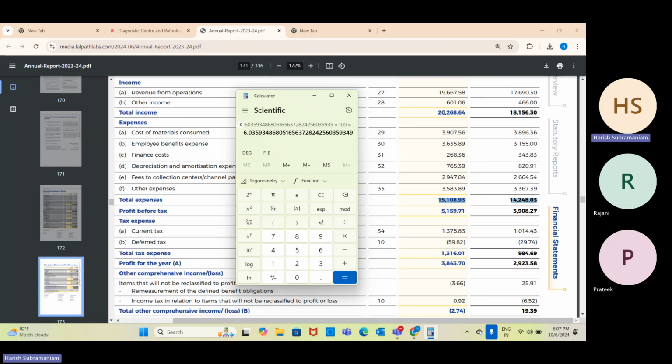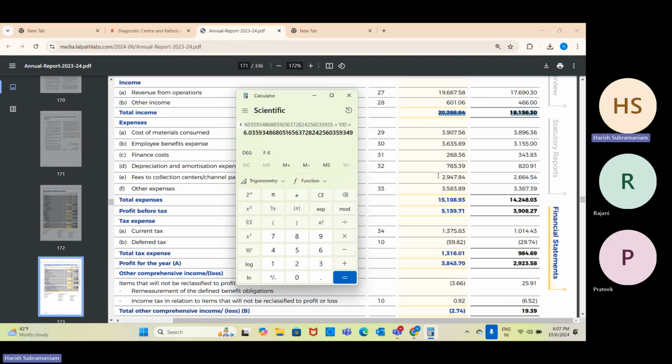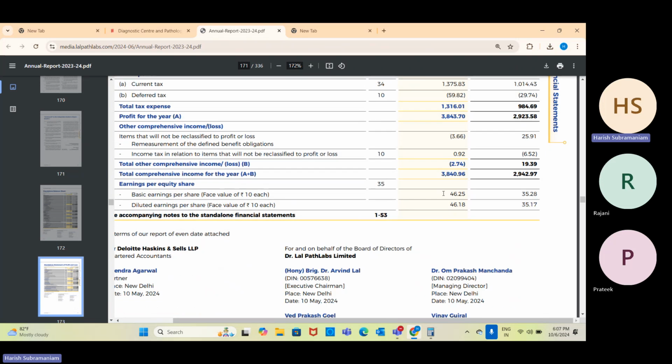So revenue has gone up by about 11%, but expenses have only gone up by 6%, right? And because expenses have gone up by 6% while revenue has gone up by 11%, finally, as far as the income is concerned, this has gone up proportionately much higher by about 30%, right?